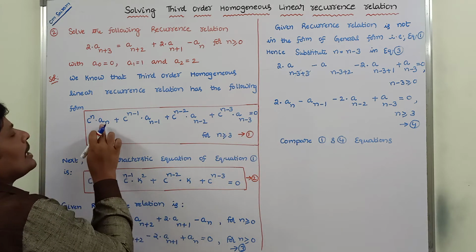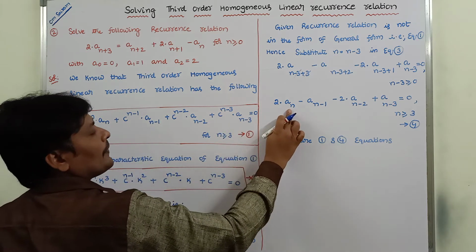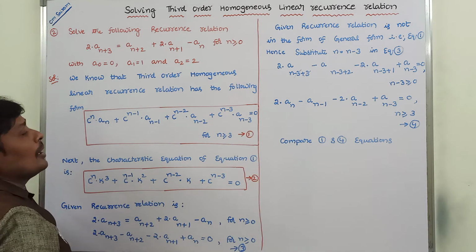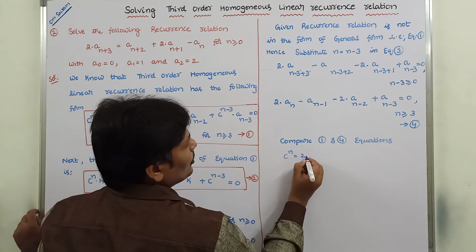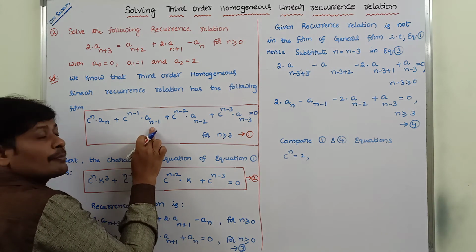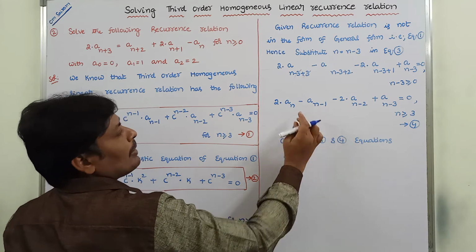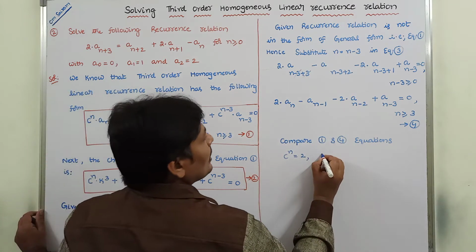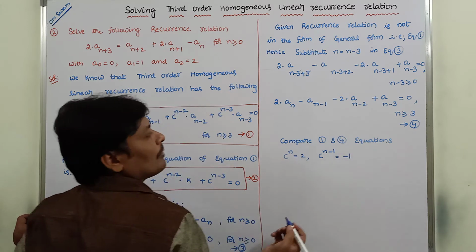C power n is nothing but coefficient of a suffix n. Here a suffix n coefficient is 2. Hence we can say that c power n is equal to 2. Okay. Next one. Here a suffix n minus 1 coefficient is c power n minus 1. Here a suffix n minus 1 coefficient is c power n minus 1 is equal to minus 1.